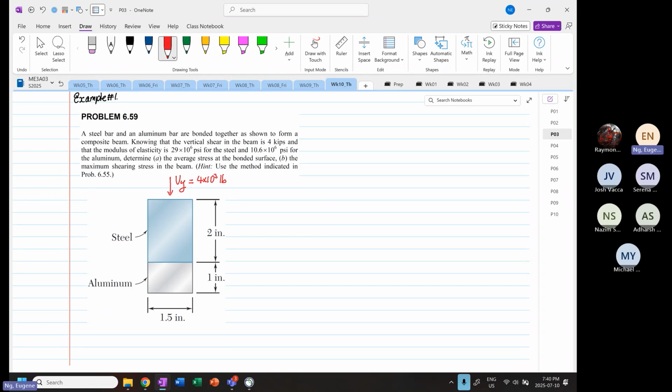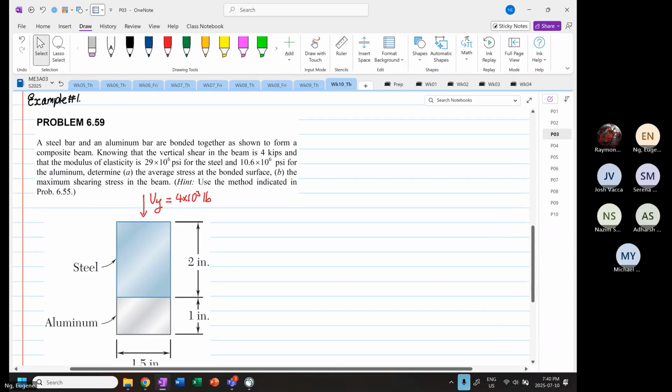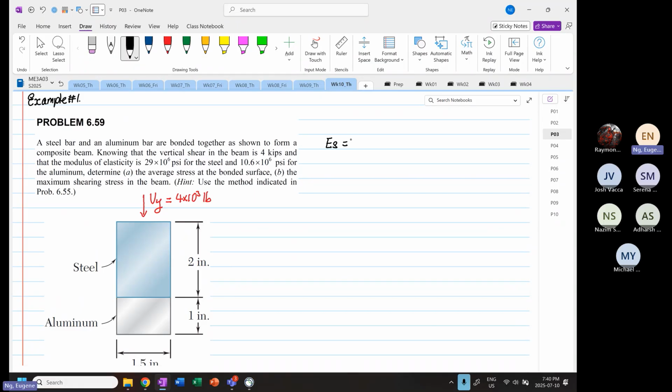Also given to us is the Young's modulus of steel, equal to 29 times 10 to the power 6 psi, and the Young's modulus of aluminum, which is equal to 10.6 times 10 to the power 6 psi.